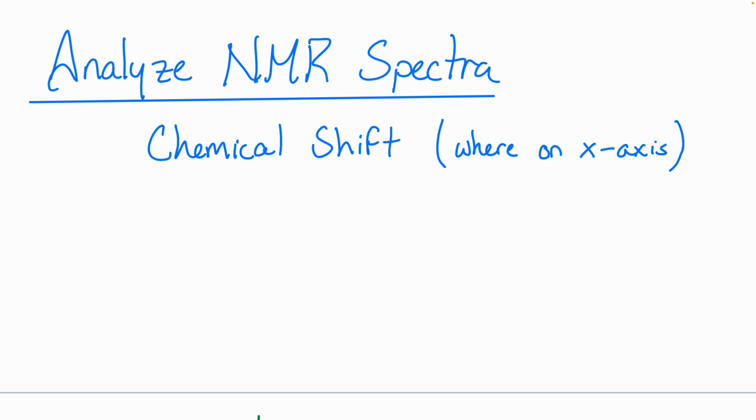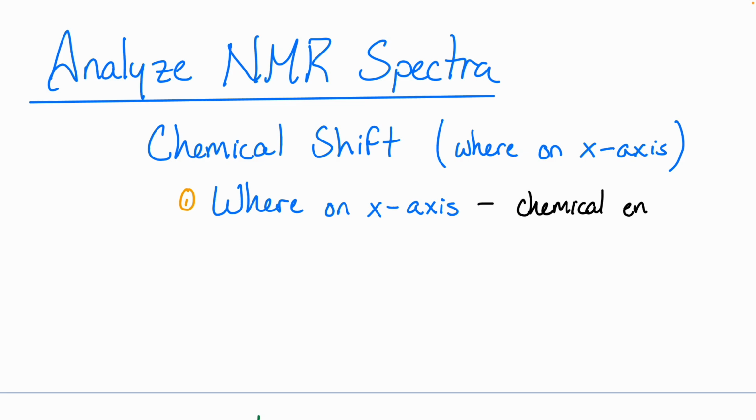First of all, where on that axis your peak is gives you information about the chemical environment of that carbon, i.e. the types of bonds that that carbon has.